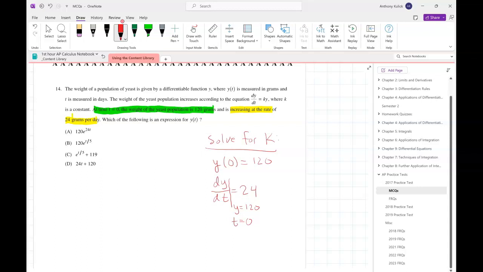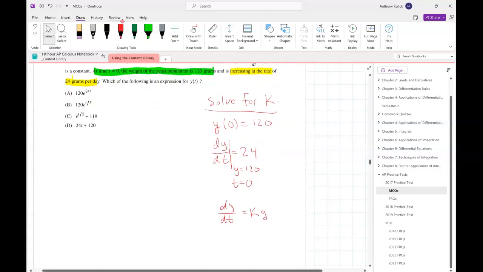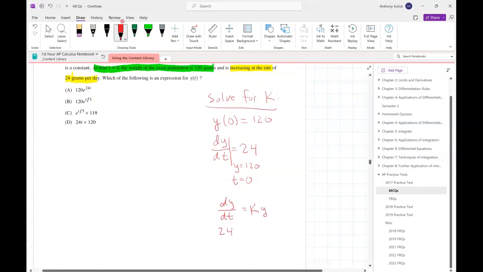So if dy/dt is equal to ky, I know that dy/dt is 24 when y is 120.